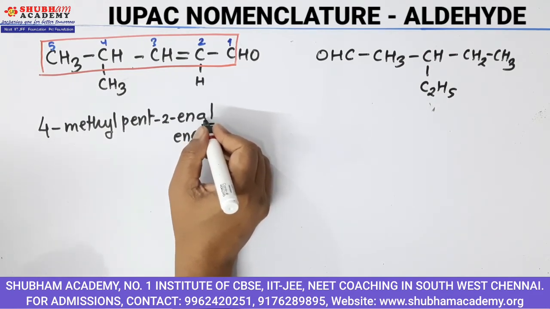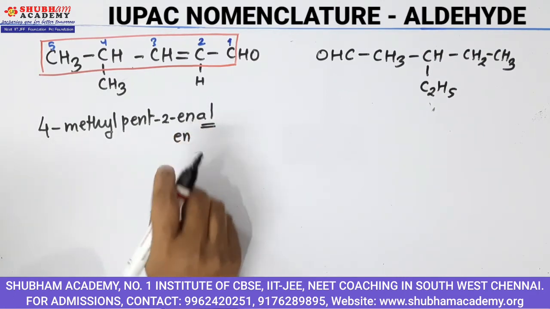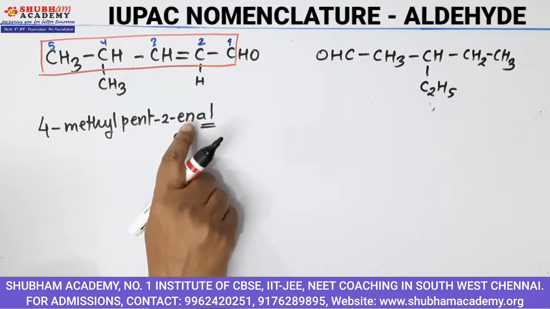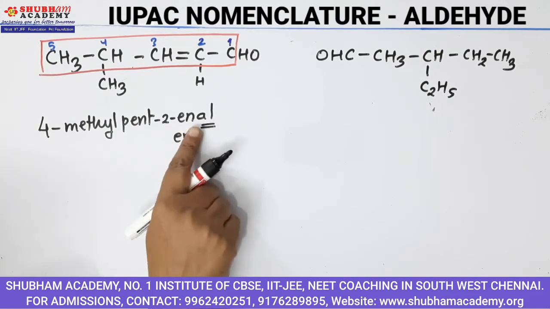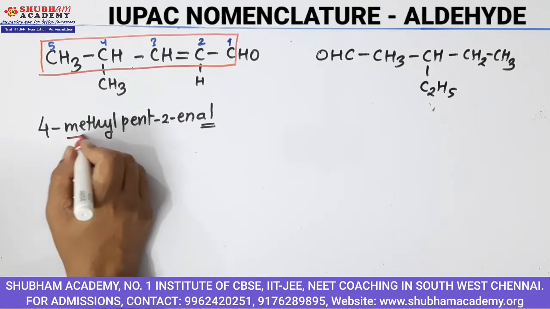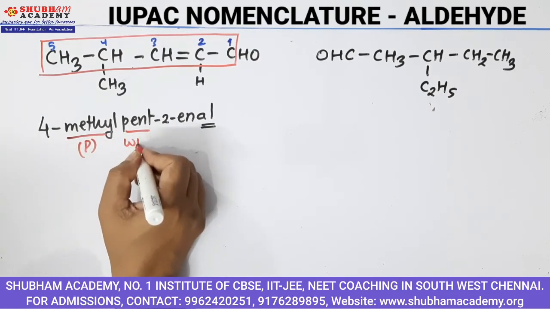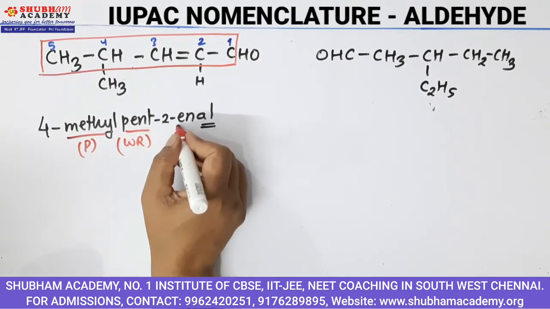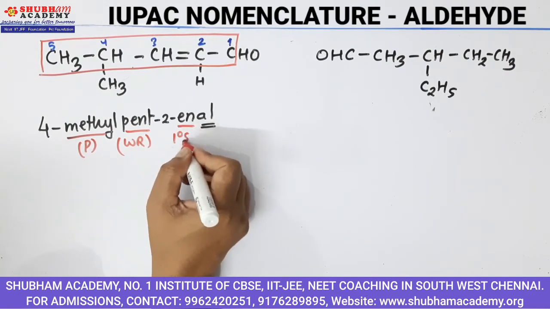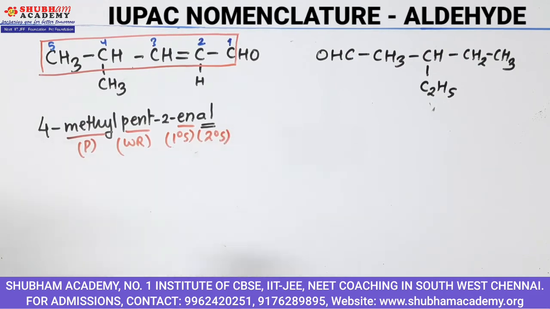So when the secondary suffix begins with a vowel, the terminal e of primary suffix is removed. That is why we have written only en and not ene. Okay. So this is the complete name of the compound, where this methyl is prefix part, pent is word root, ene is primary suffix, and al is secondary suffix.